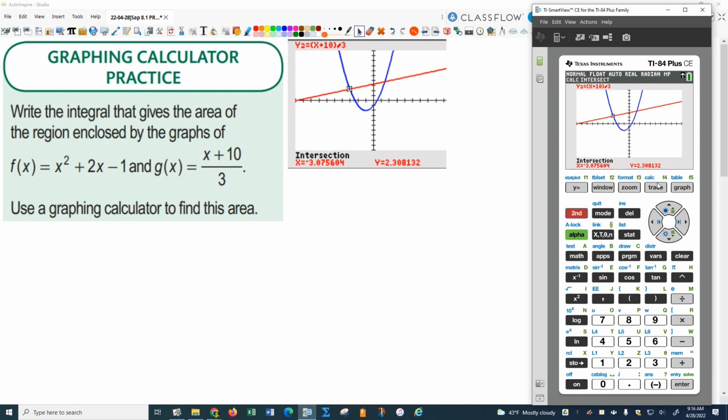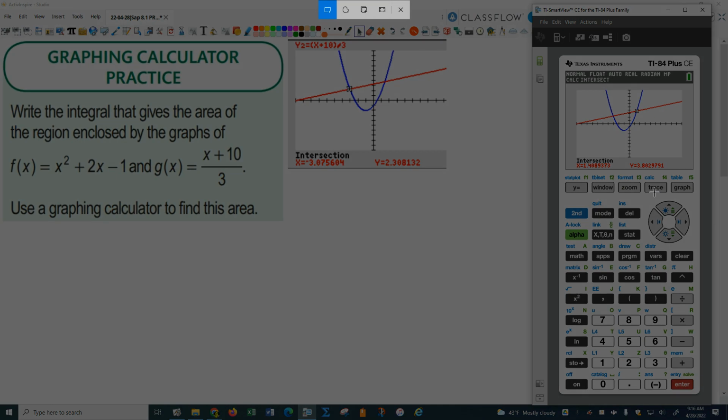So I go second, calc, 5, enter, enter. And this time I'm just going to make a guess. I'm going to type in 2 because that's pretty close. So I can just type in x equals 2, enter, and it gets me to my spot. And there's my other intersection.